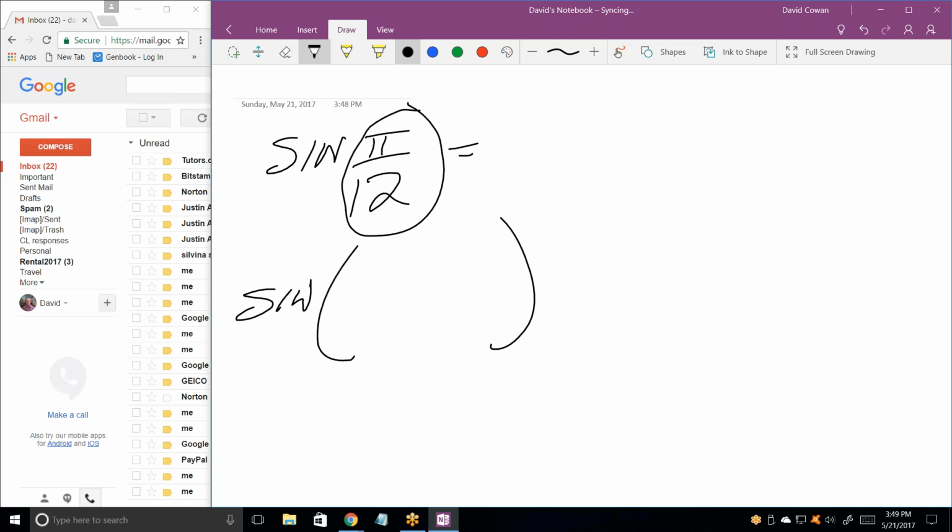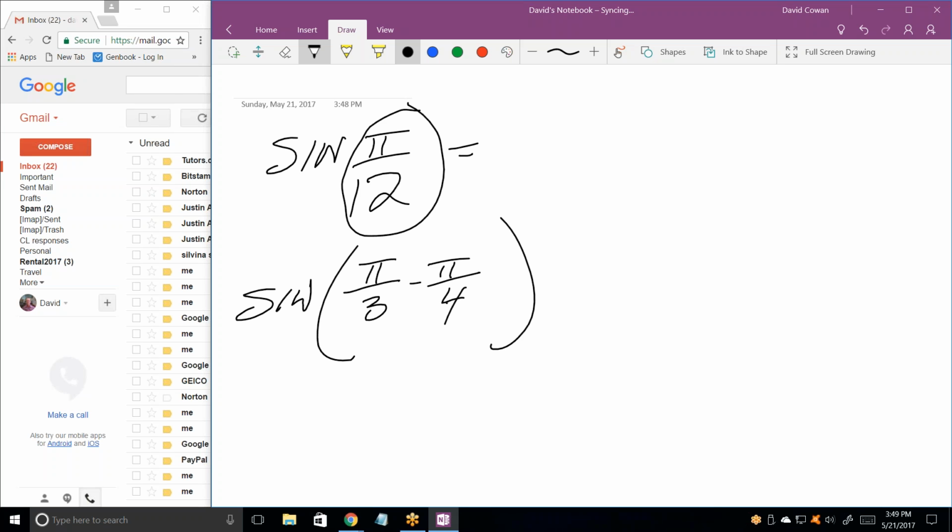This is one you may not know instantly. I happen to know it just because I do it so often. Is it just pi over 6 and pi over 6? That would be 2 pi over 6. That wouldn't work. Here's what works. Adding radians is always hard.